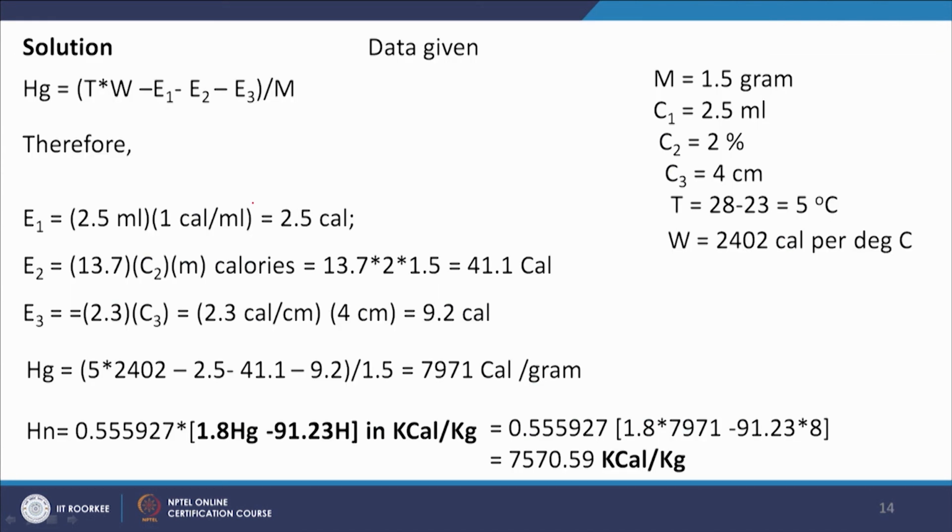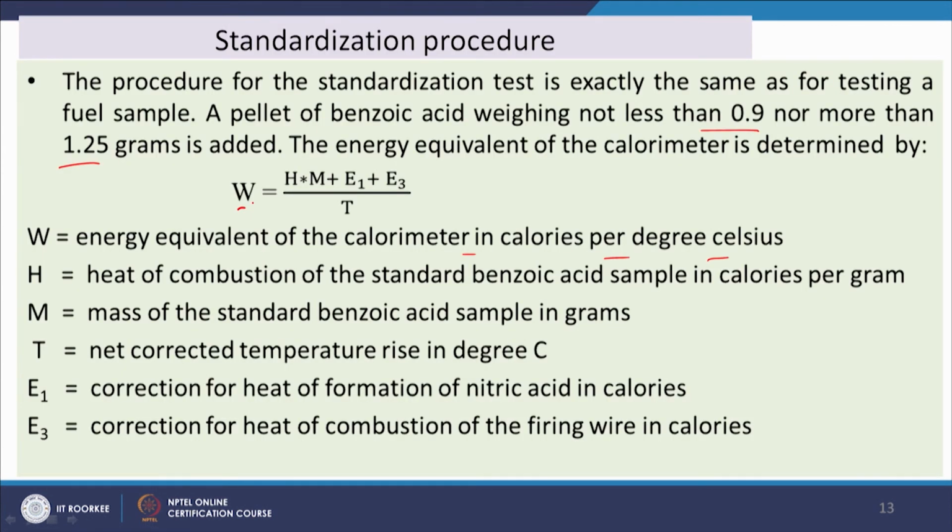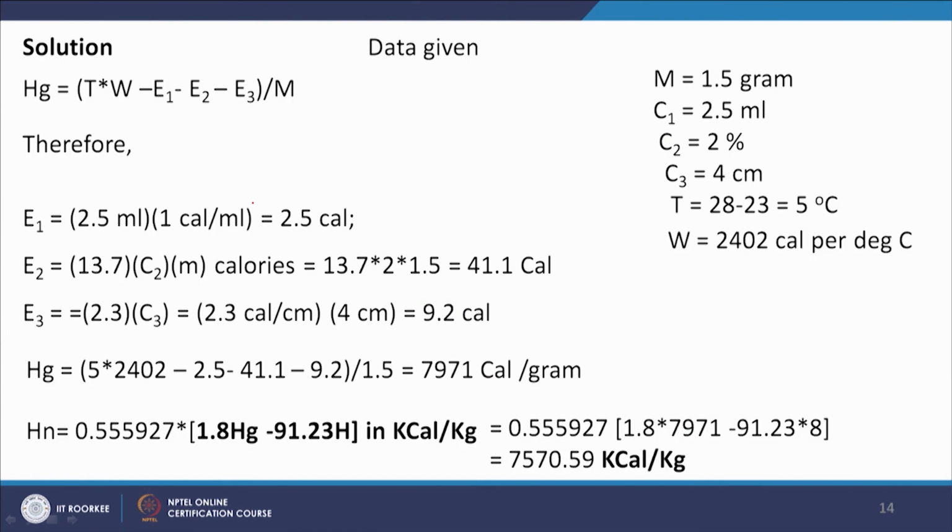Now, let us see in our problem statement what the values are. As per our problem statement, the high heating value will be (T into W minus E1 minus E2 minus E3) by M, and in this case M is equal to 1.5 gram, C1, that is 2.5 ml standard alkali is required, C2 is 2% sulfur, and C3 is equal to 4 centimeter of fuse wire, and T is equal to 28 minus 23, that is 5 degrees.